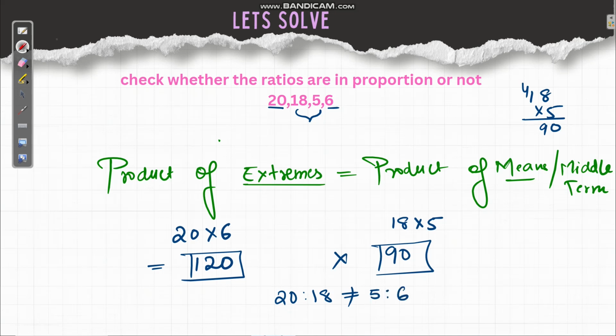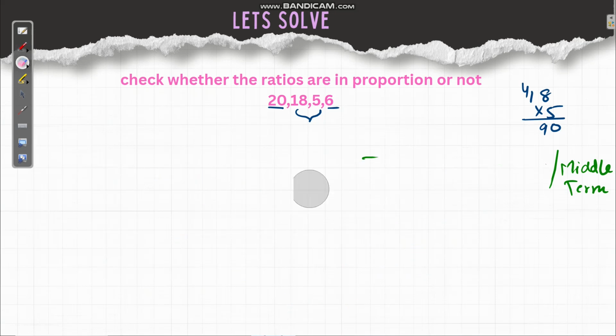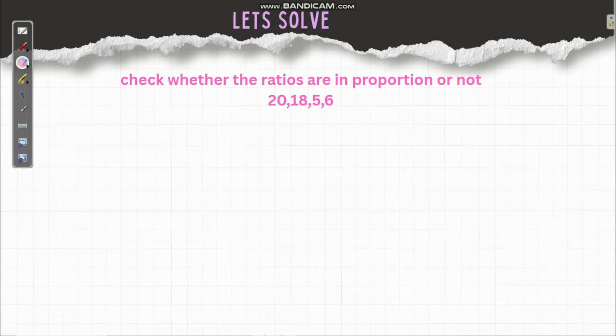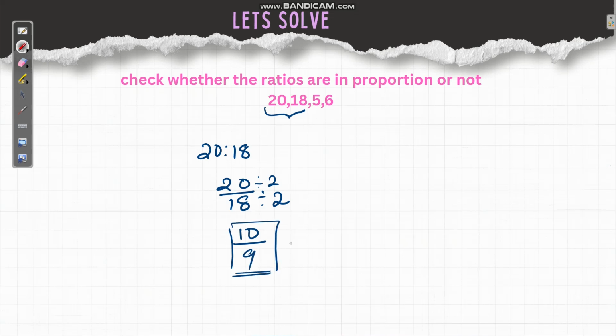Let's verify this using the first method that we have learned, that is by taking the ratio in the simplest form. It is very simple. You take the first two numbers, that is 20 is to 18. Let's simplify it. A number which can divide both of them, let's divide by 2. So you'll get 10 upon 9. I cannot do anything to this number, it's already in the simplest form now.